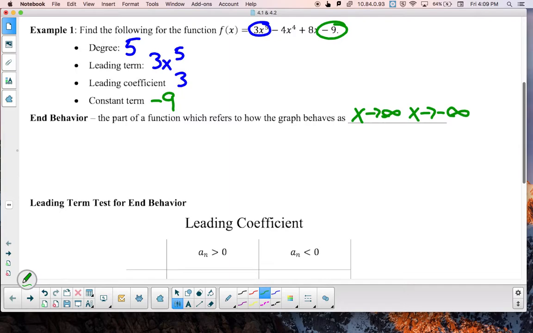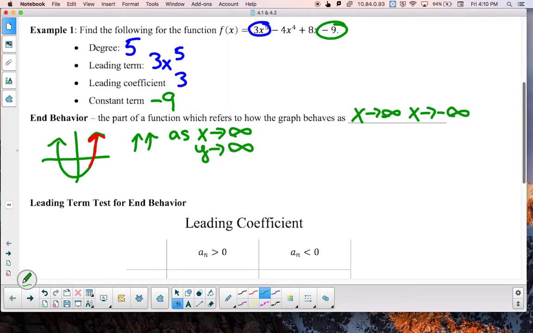We will just be using, for example, if we have a graph that looks something like this, we would say that our end behavior is up, up, but MyMathLab will want you to write this as: as x approaches positive infinity, so that's this portion of our graph, y approaches positive infinity, and as x approaches negative infinity, which is this part of our graph, y approaches positive infinity in this case.